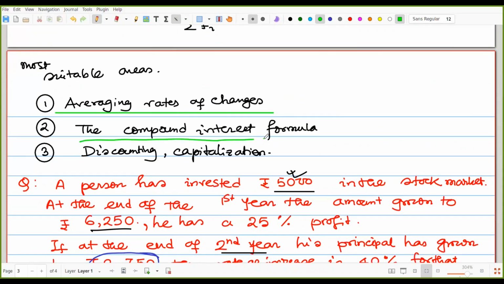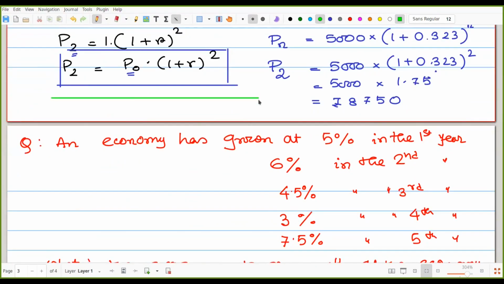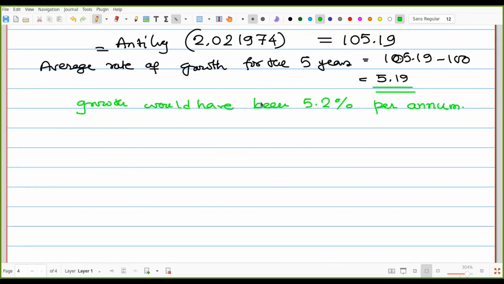The first one was averaging rates of change. The second is the compound interest formula, and the discounting is also coming from that particular formula. If we want to use the discounting formula, that is also a use of the geometric mean. Simply Pn is equal to P0 into 1 plus R whole to the power n.